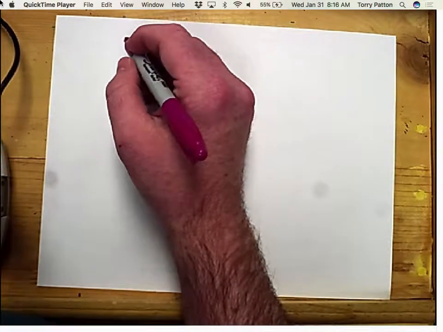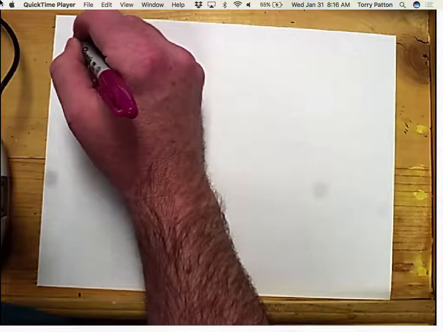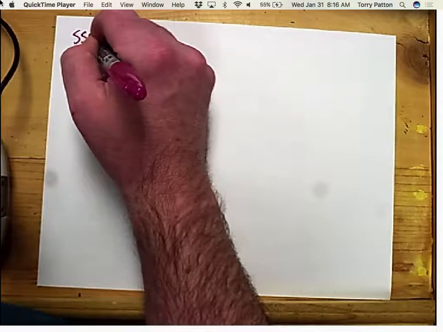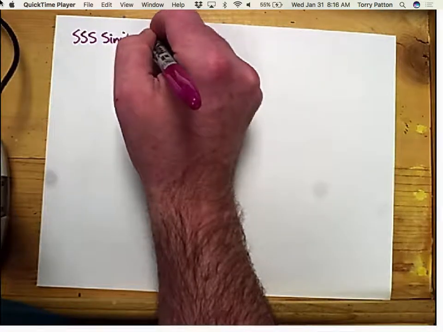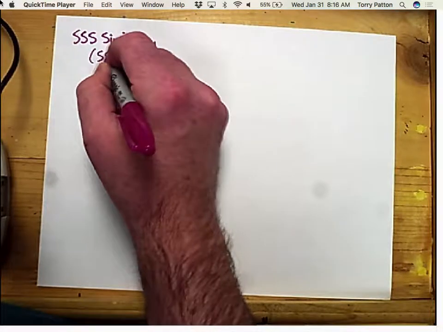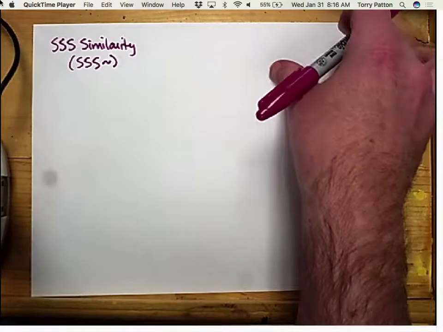So what this says is this one is a theorem, and it's called side-side-side similarity. Side-side-side similarity. Lots of squiggles. Okay?